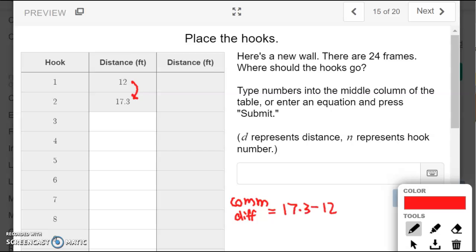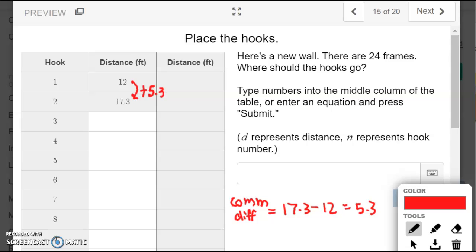Just because we're dealing with decimals does not make our life too difficult. It's just another number. 17.3 minus 12 is 5.3. This tells me we are adding 5.3 each time.